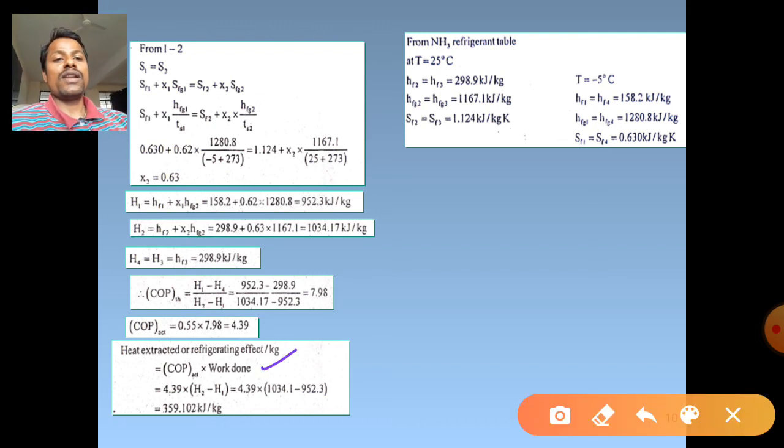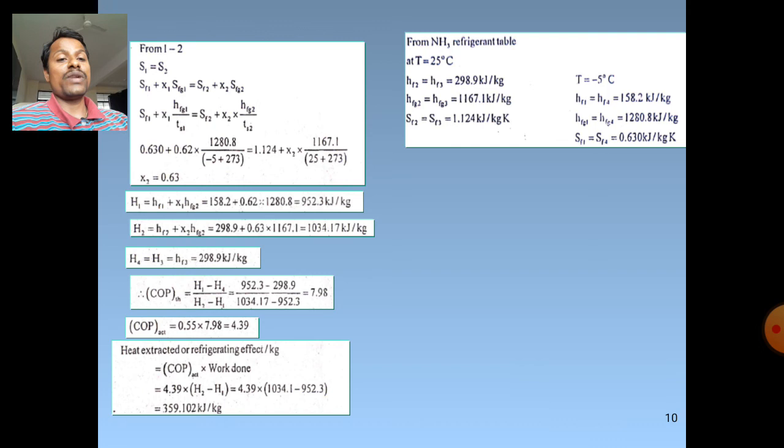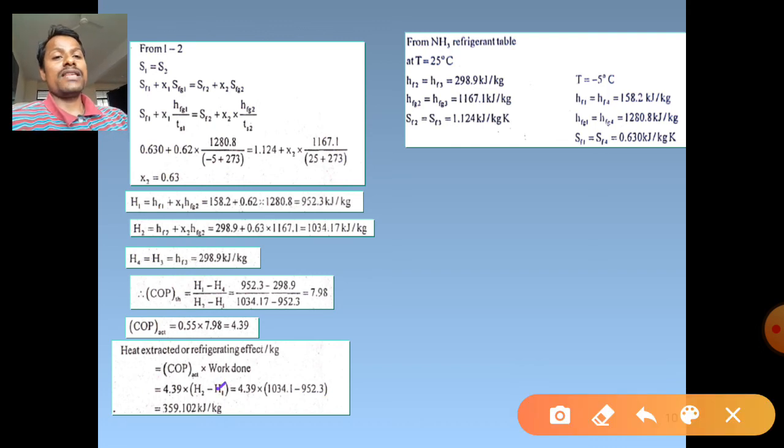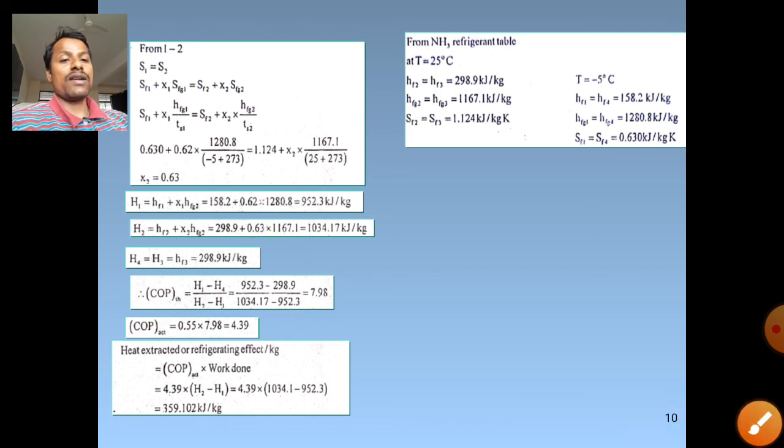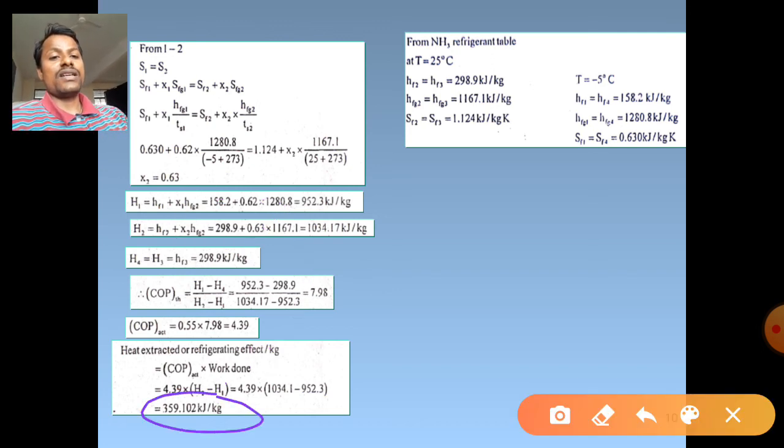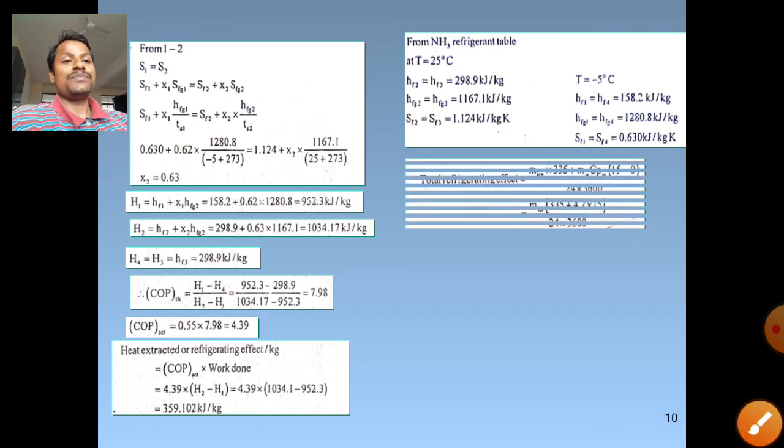I need to consider the actual COP because the refrigerator is working under actual conditions. This is the COP 4.39 that we have calculated. Work done is the change in enthalpy during the compression process, that is H2 minus H1. We have all these enthalpy values that we have calculated. Substituting, I am able to calculate the refrigeration effect as 359.1 kilojoule per kg.